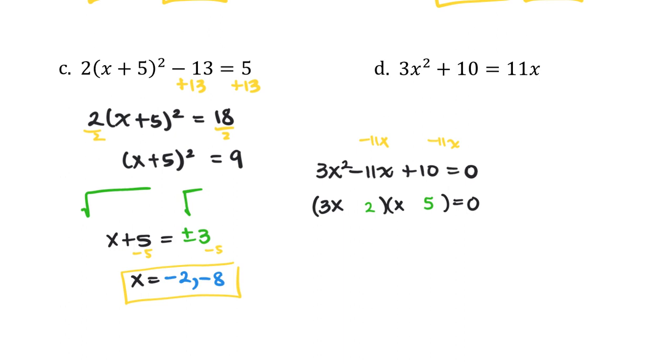Let's try again. Let me try 5, 2. 3x squared, 3x times 6x and 5x. That'll give me 11 if I make it minus, minus. Okay, plus 5, divide by 3, positive 2.